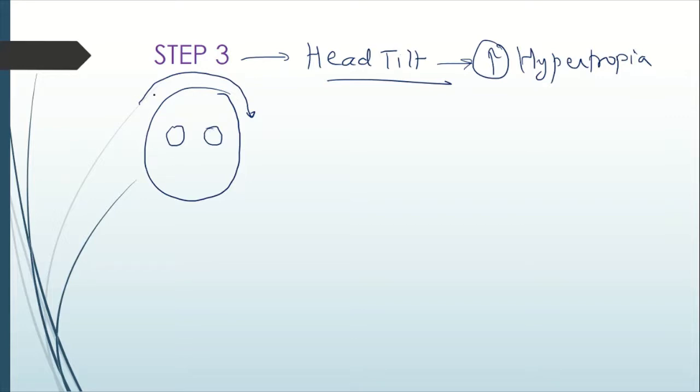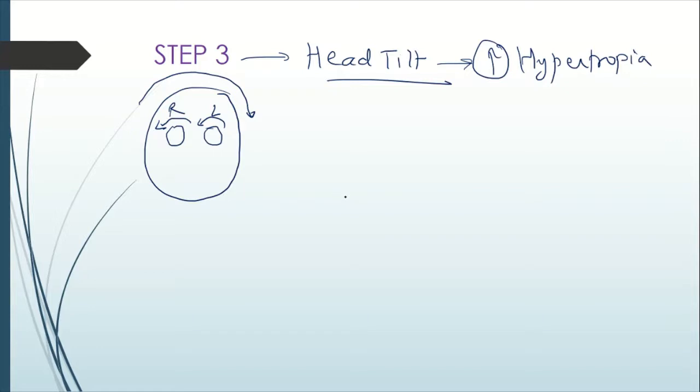So if my patient is tilting the head to the left side, my eyeballs will move in the opposite direction, right? So in this case also, if my patient is tilting the head to the left side, that means my left eye is intorting and my right eye is extorting, right?